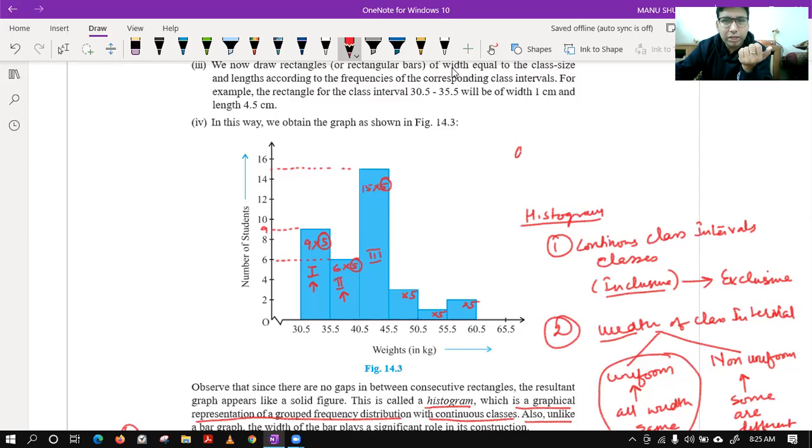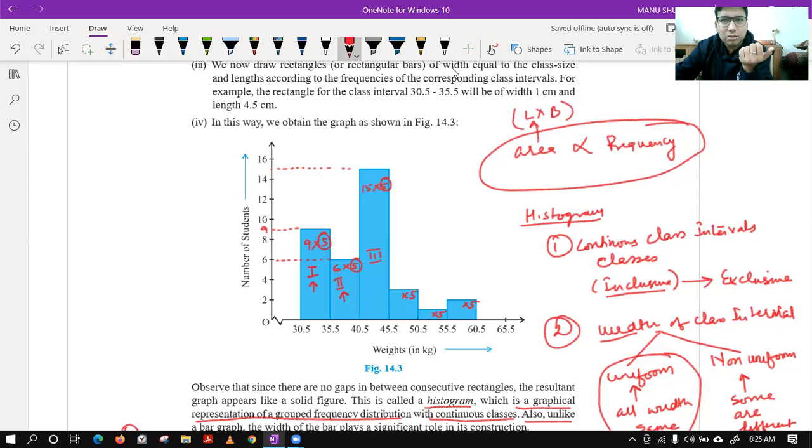Class, we have got this thing, area is proportional to frequency. It is a condition. Area is given by length into breadth, proportional to frequency. So in the case where width is constant, do you think this breadth will change anything?